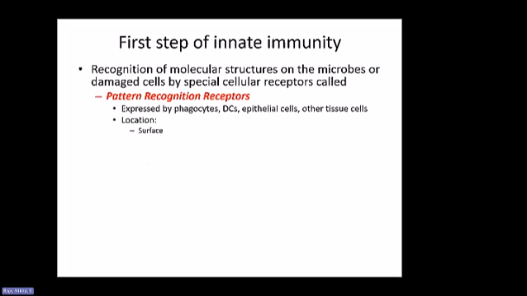All right, so pattern recognition receptors, where are these? These are expressed by various cells. These could be phagocytes, dendritic cells, epithelial cells, other tissue cells, and all these cells have these receptors so that they can bind to the PAMPs or DAMPs that are coming towards these cells.